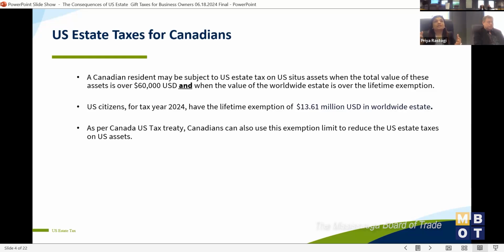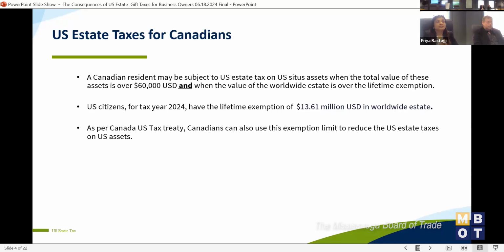And as per the Canada-US tax treaty, this exemption limit can be used to reduce your overall estate taxes. To just make it simple, if someone passes away in 2024, and if their gross estate value is less than 13.61 million, you would certainly not owe US estate taxes, but you will be required to file a US estate return to claim this exemption.